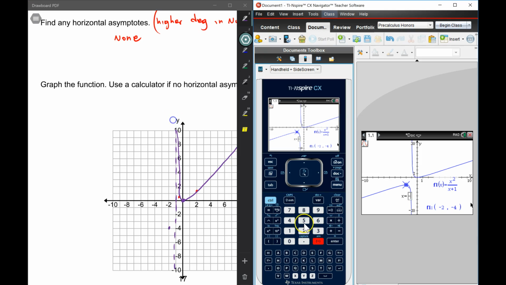Let's put in negative 5, and I get negative 6.25. All right. So that's how it looks. And you can trace all the way, you know, as much as you want here, and you could figure out points.